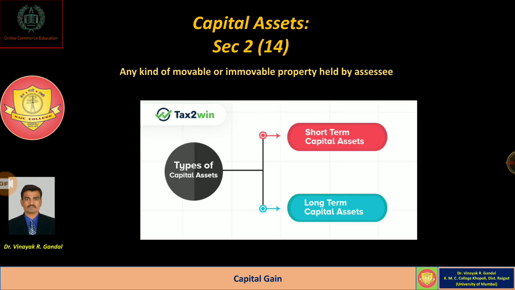Or in the case of shares held in a company or other security, the asset or shares held by the assessee for less than 12 months is also called a short-term capital asset.